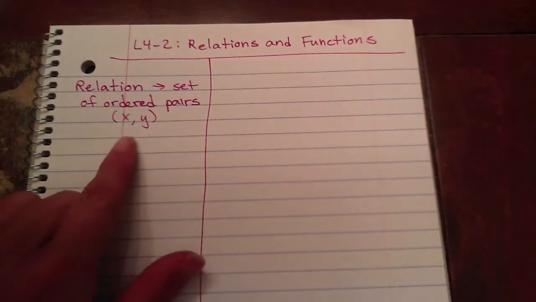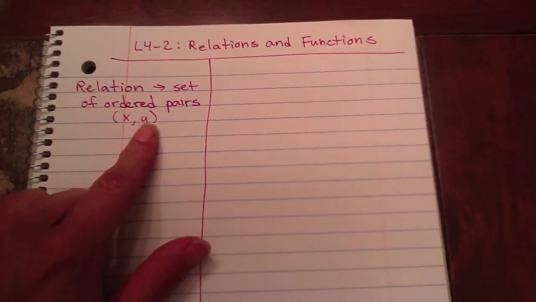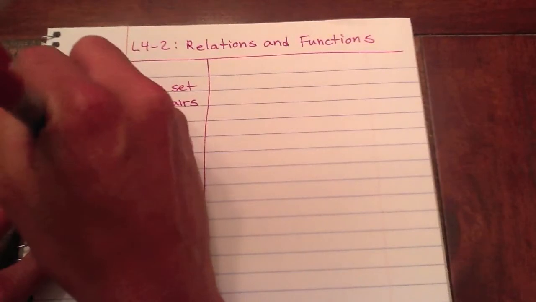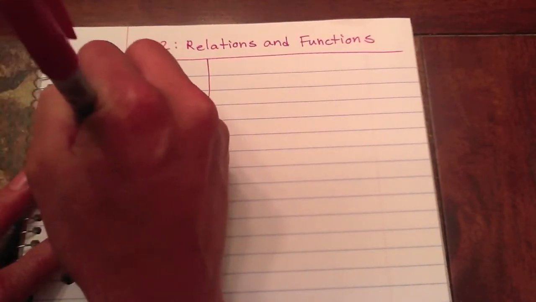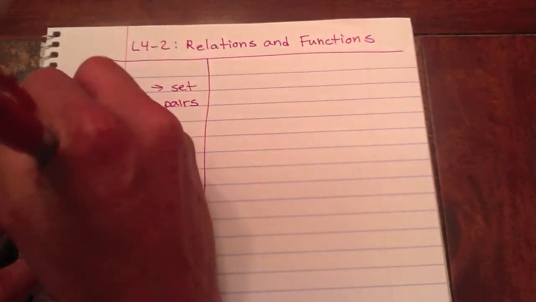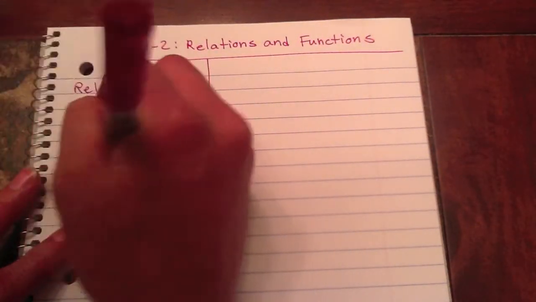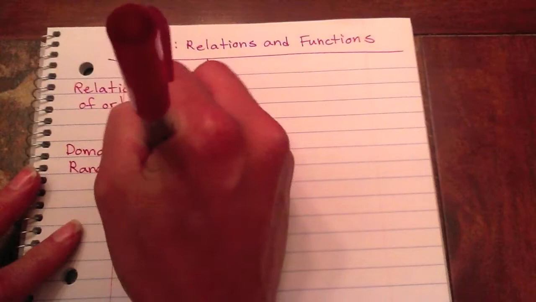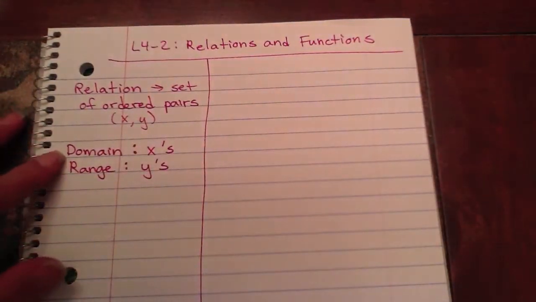Each of these relations has a domain and a range. The domain is always the x values, and the range is always the y values. You're going to need to know this the rest of the year because it comes up a lot.